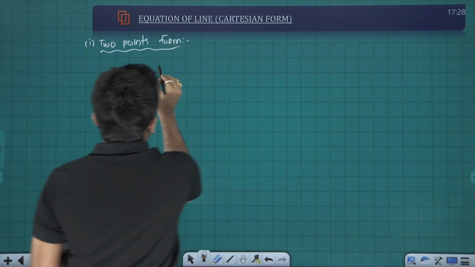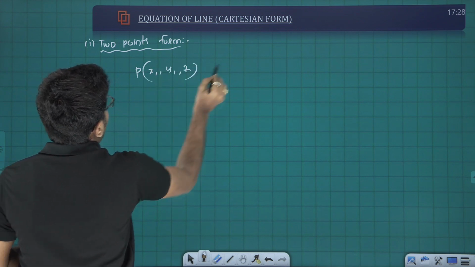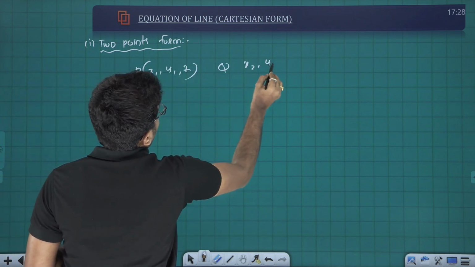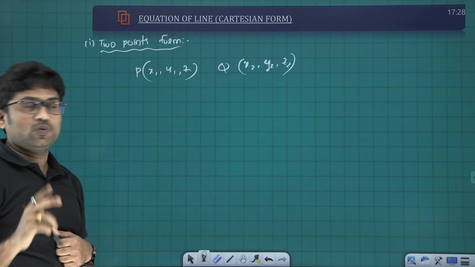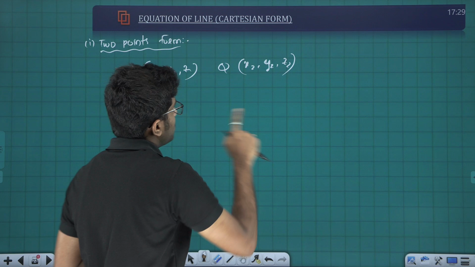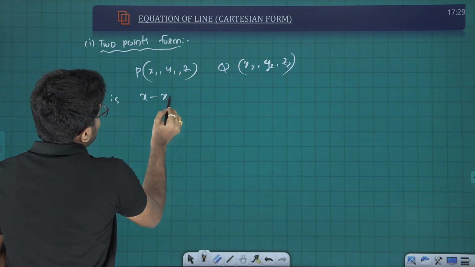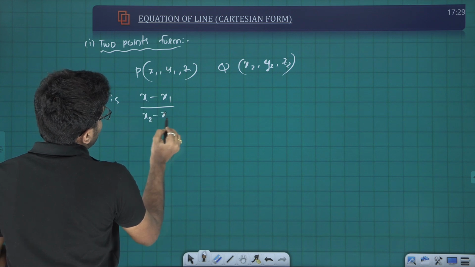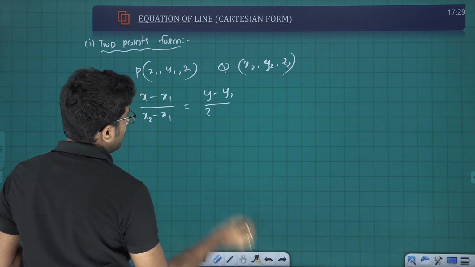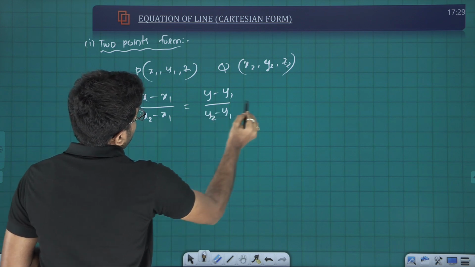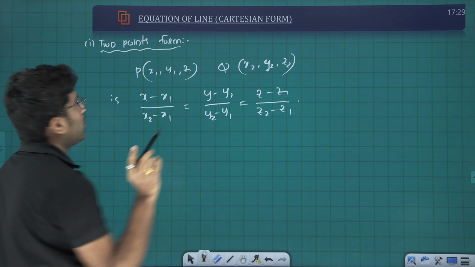Equation of a line which is passing through 2 points P of x1, y1, z1 and Q of x2, y2, z2 is (x minus x1) divided by (x2 minus x1) equals (y minus y1) divided by (y2 minus y1) equals (z minus z1) divided by (z2 minus z1). This is 2 points form, friends.